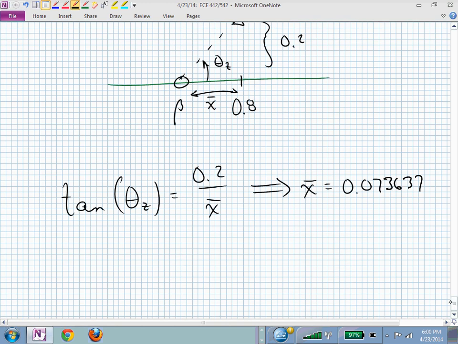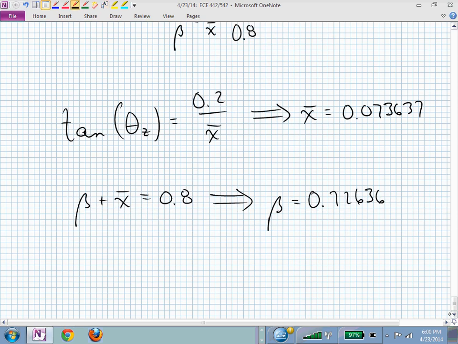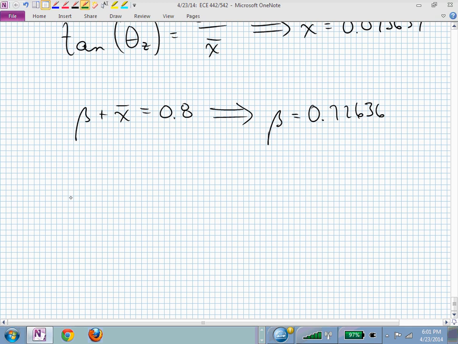And according to this picture, beta plus x bar in this case is equal to 0.8, or beta now ends up being a little bit less than 0.8, or 0.72636. What's our controller?